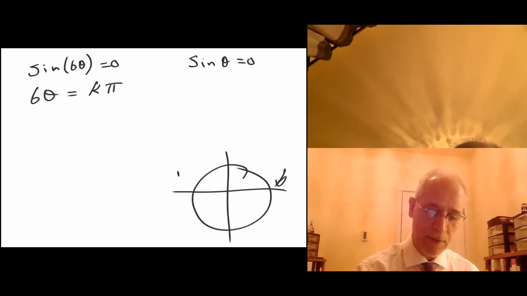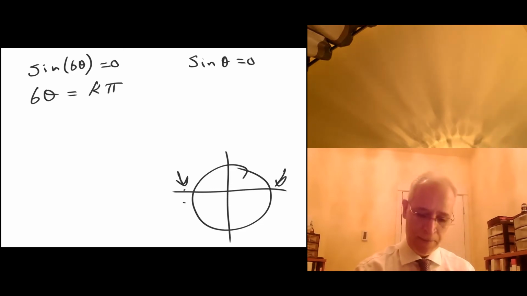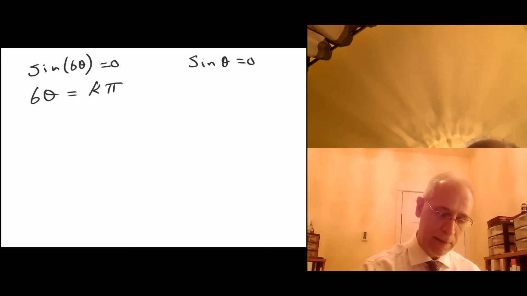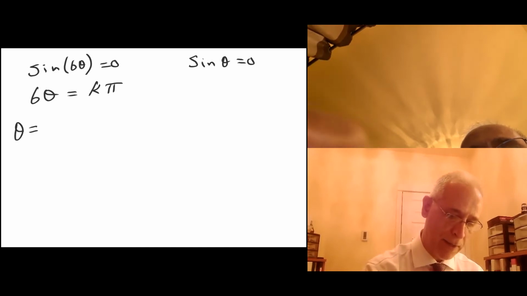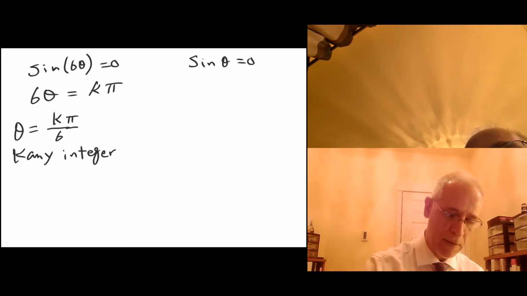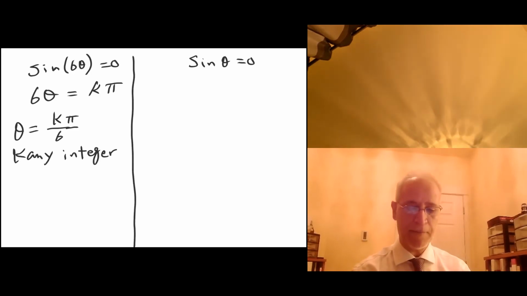When k is 1, we are here. When k is 2, then 2 pi, we're back to here, then 3 pi, 4 pi, and on and on. So that's good. Divide both sides by 6. I get theta equals k pi over 6, k any integer. Okay, so we're done with that part.